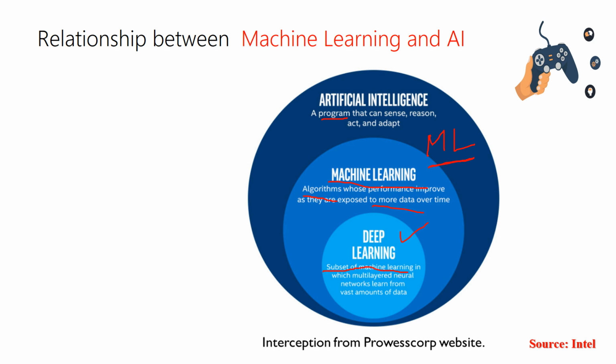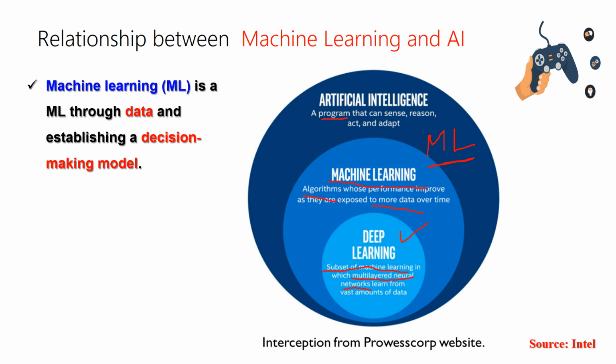A subset of machine learning, in which multi-layered neural networks, I believe we talked about in chapter 3, learn from vast amounts of data, okay? And you can tell the difference between machine learning and AI based on the figures here.